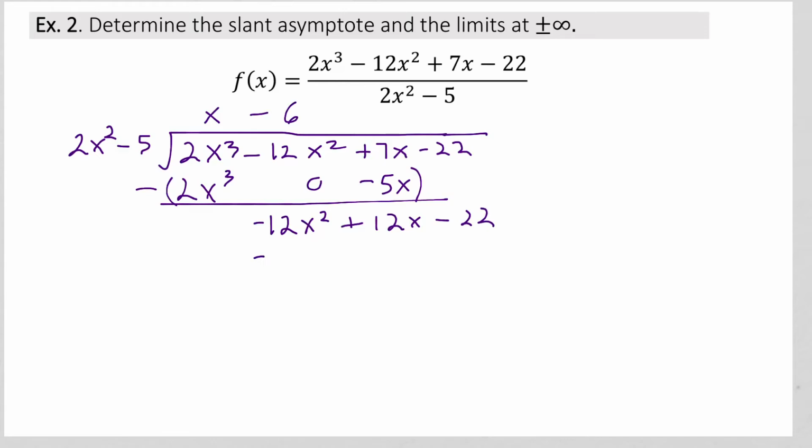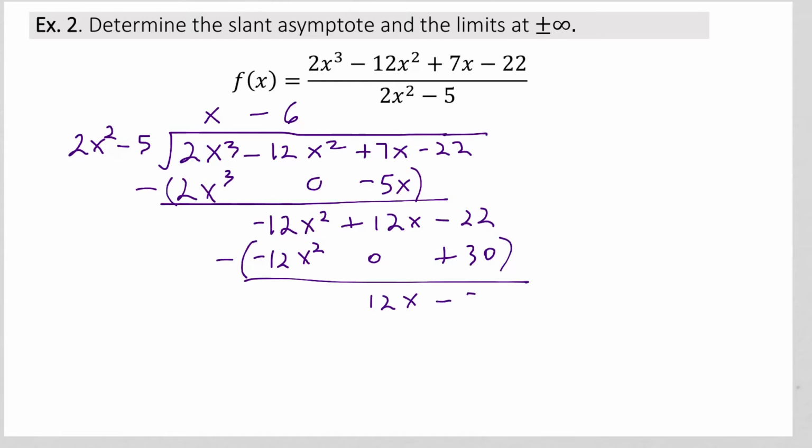So negative 12x squared plus 30. Subtract. So you get 12x minus 52. So this is our remainder here. All right, so what we're interested in is the quotient on top that we have there, not the remainder itself.